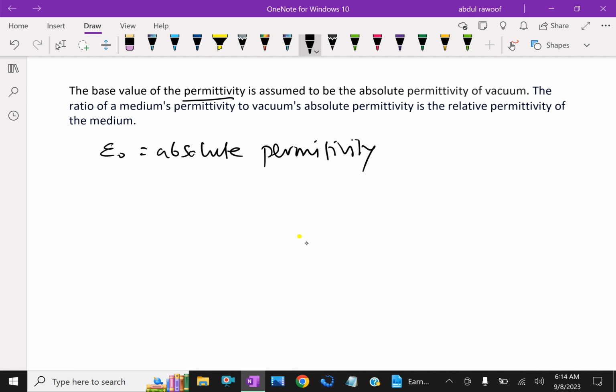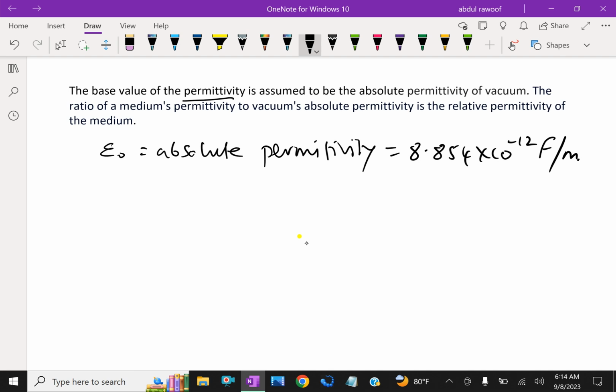Its value for vacuum is 8.854 into 10 power minus 12 F/m, farad per meter.